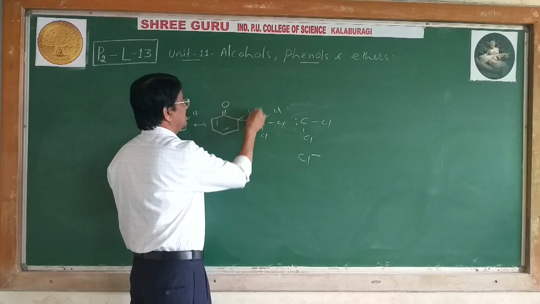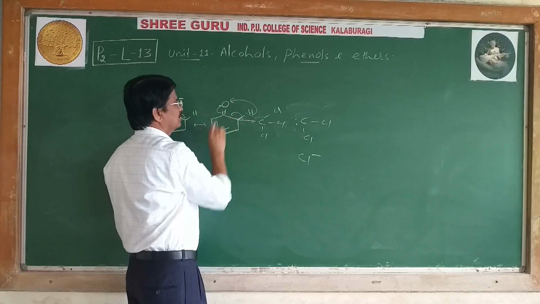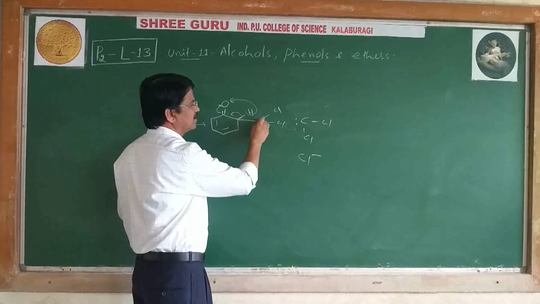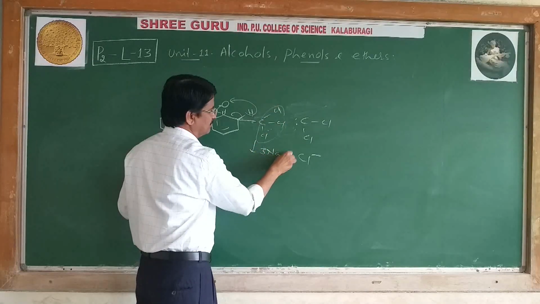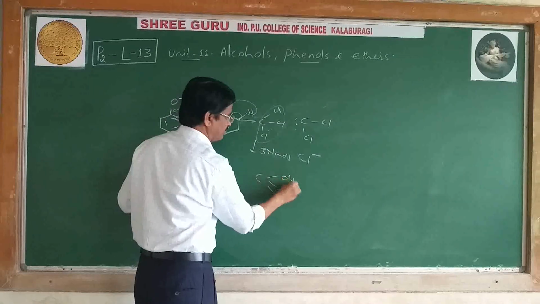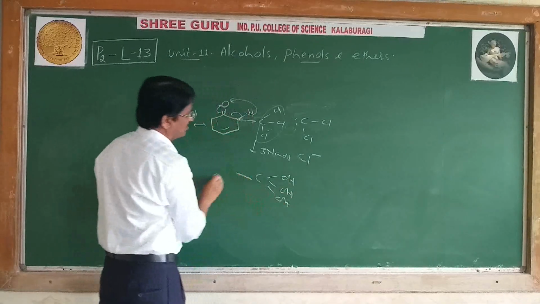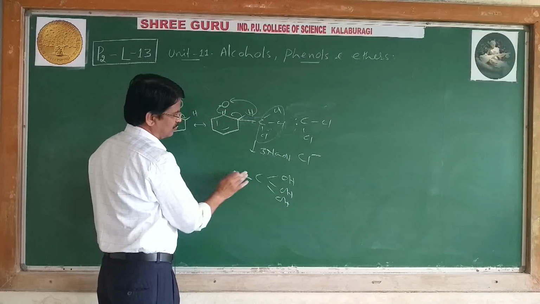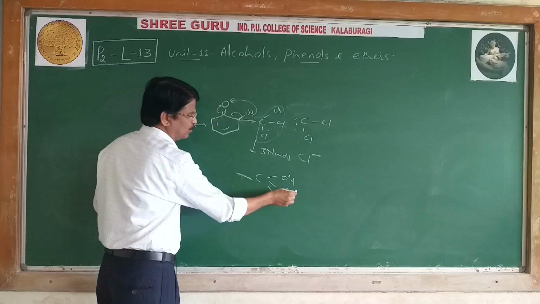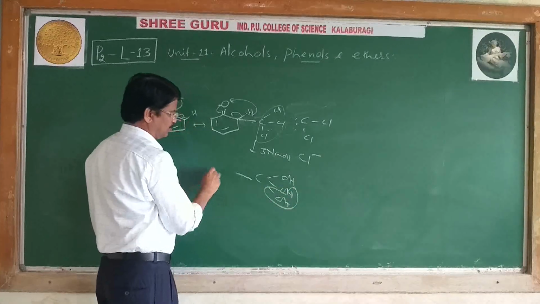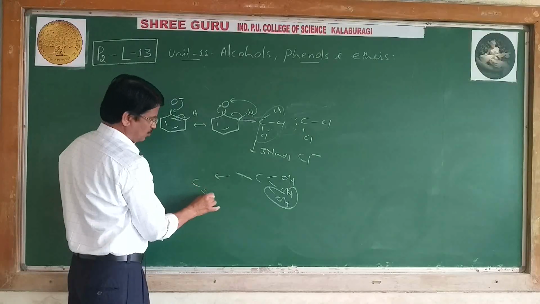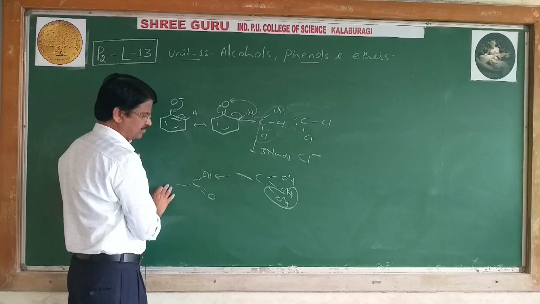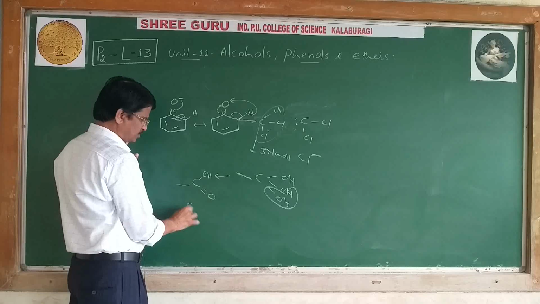But this shifts here, and one C contains 3 Cl and 3 NaOH is required. Therefore, this one links with the benzene ring and loses water. We get C, OH, meaning COOH group.